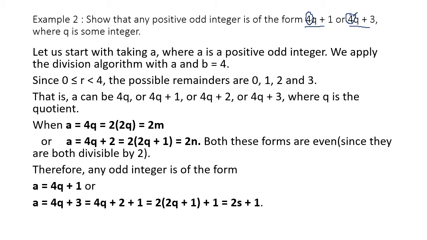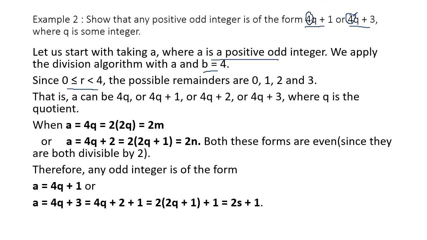So what you can see here, like in the previous sum, any positive integer was shown by taking b as 2. Now I am showing the same positive integer, but this time I am taking b as 4. So here again, a is a positive odd integer or any integer, and b is 4. When b is 4, you remember what is the condition?